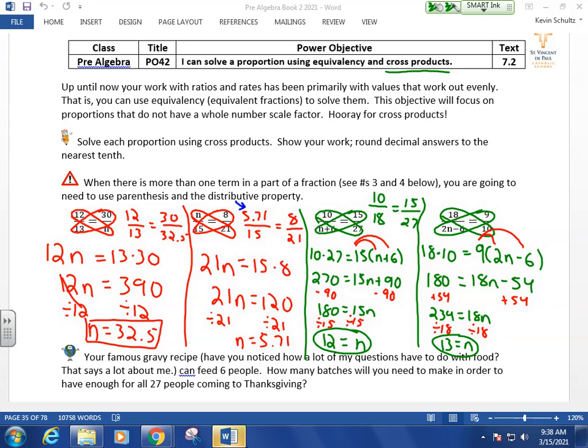Which, if we want to plug this back in to make sure it works, what will the denominator of my first fraction be? Not 13. What will it be? What's 2n minus 6 when n is 13?